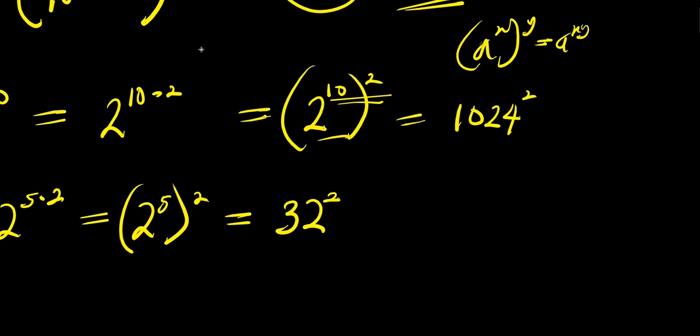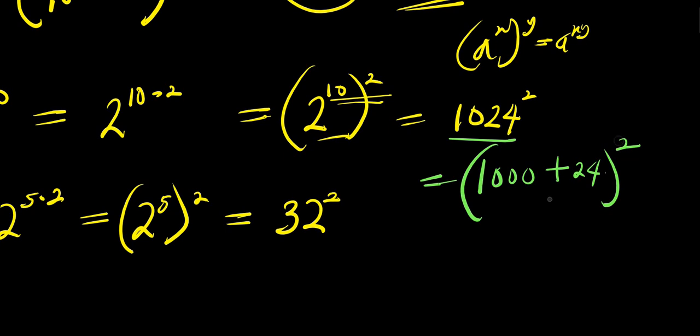Now to find the value of 1024 to the power of 2, we can express 1024 as 1000 plus 24, because 1000 plus 24 is 1024. So to expand this, we consider this identity.